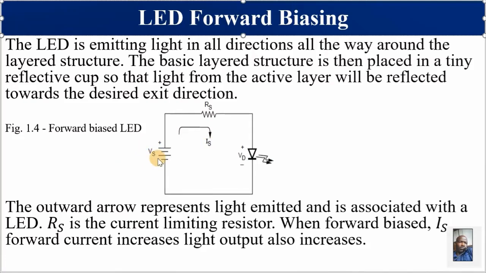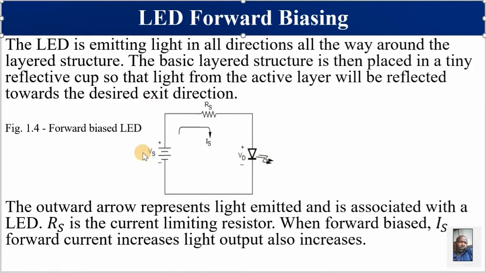You can go through the literature on your own. As I said, the outward arrow represents light emitted, and it is associated with a light emitting diode. This is the current limiting resistor, and IS is the forward current. Please take note that the more the forward current, the more the light intensity emitted.